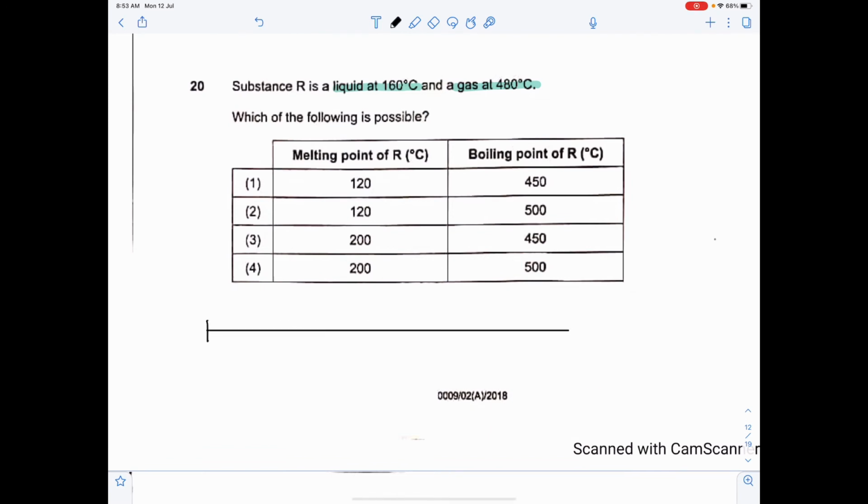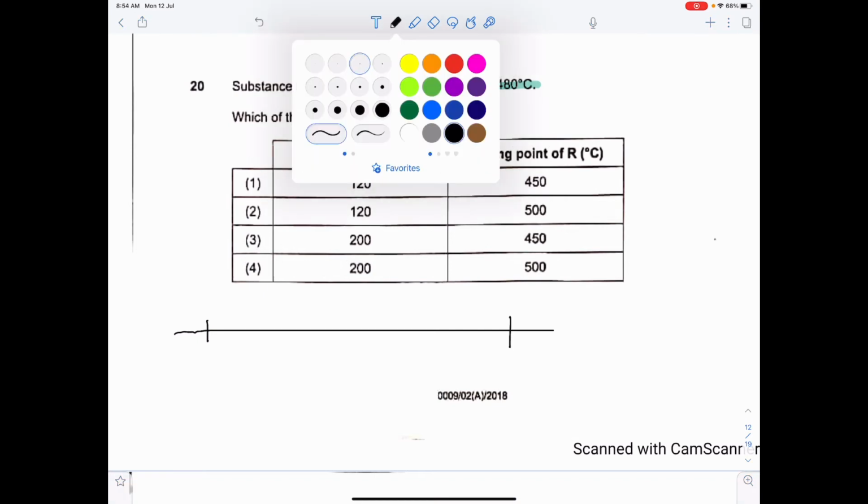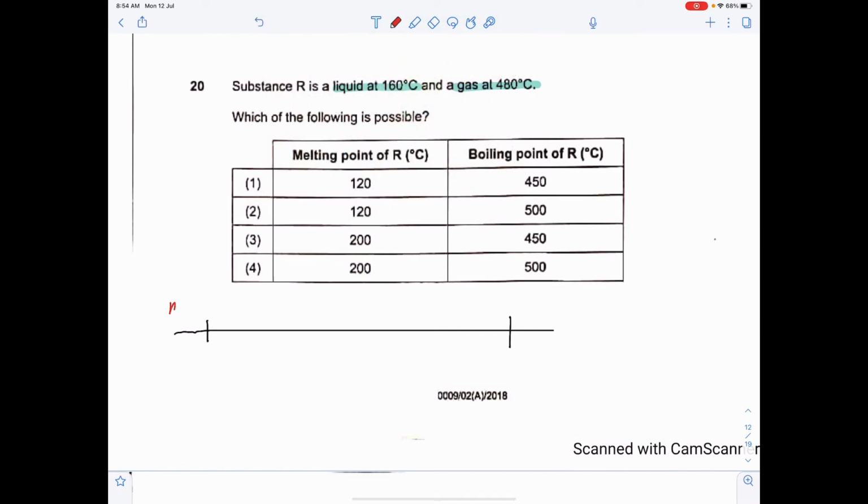On your temperature line, what you need would be 2 points, and the first point nearest would be your melting point, and the other point would be your boiling point.